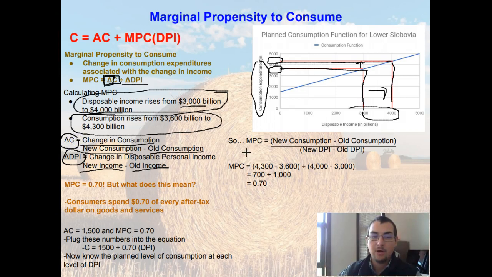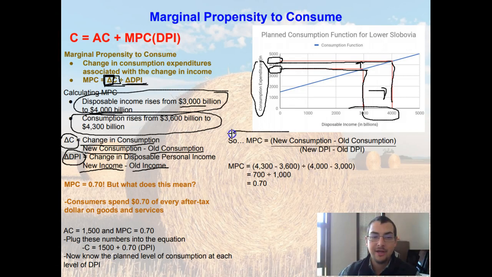So we say that marginal propensity to consume is equal to the change in consumption divided by the change in disposable income. We say that change in consumption is equal to new consumption minus old consumption. Change in disposable personal income is new income minus old income.